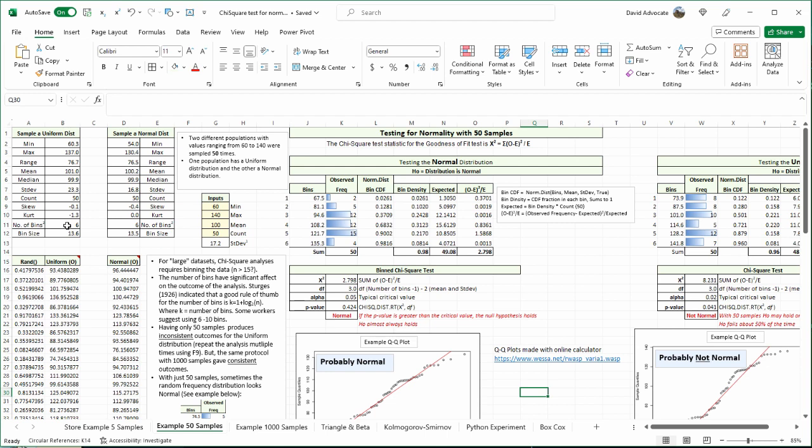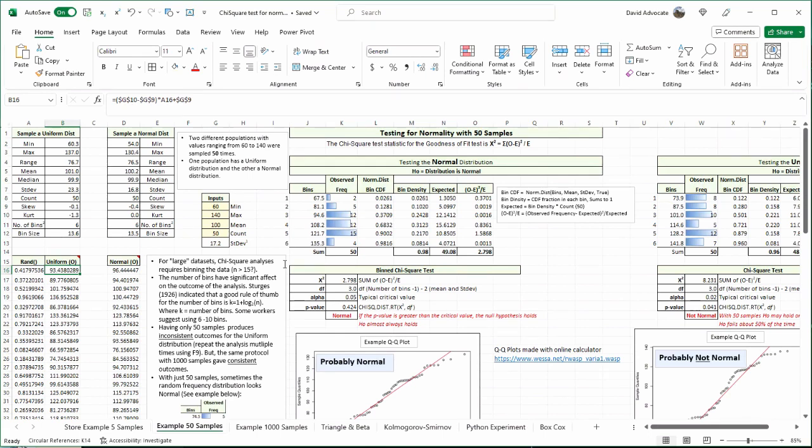The uniform distribution is made using these random values, just using the rand function, and with this little trick here where you look at the max minus the min times the rand plus the min, you can get a uniform distribution that conforms to the range that was set here between 60 and 140. And for the normal distribution, I just use the NORM.INV function, which requires the rand, the mean, and the standard deviation.